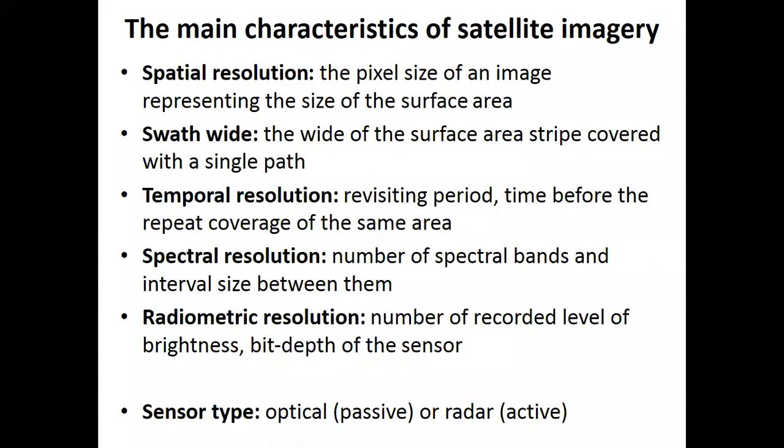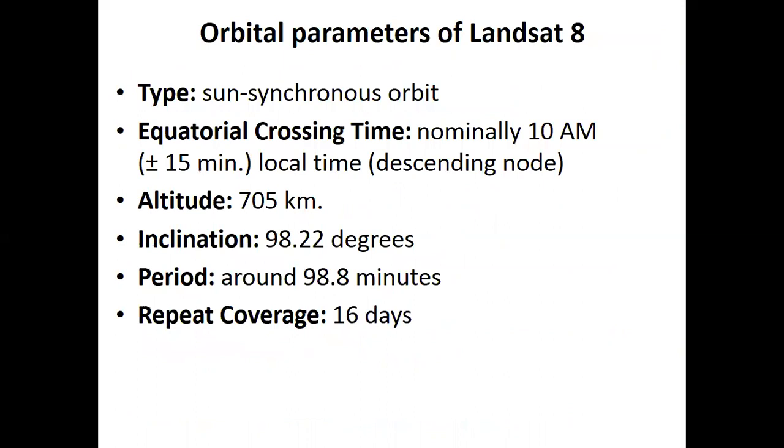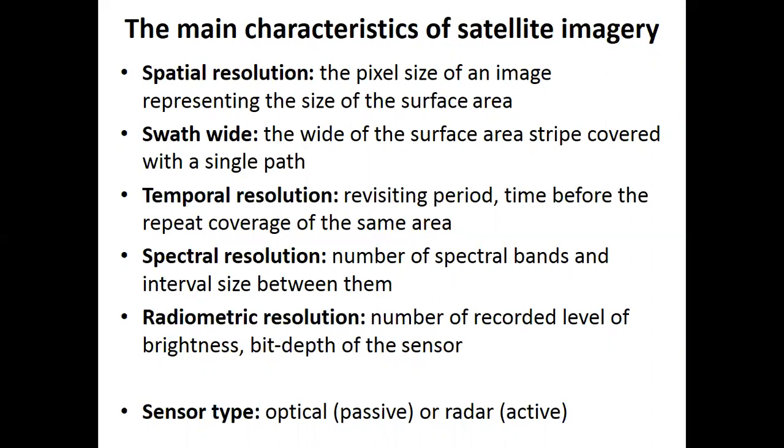Also important is the swath width, the width of the stripe on the surface covered with a single pass, a single flyover by the satellite. And we could also talk about so-called temporal resolution when we mention, for example, repeat coverage once in 16 days for Landsat 8. This is the revisiting period, the time before repeat coverage of the same area.